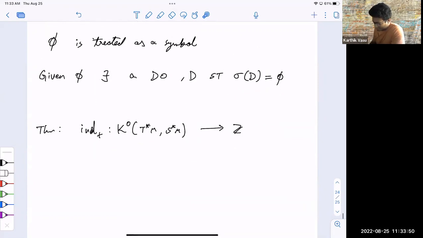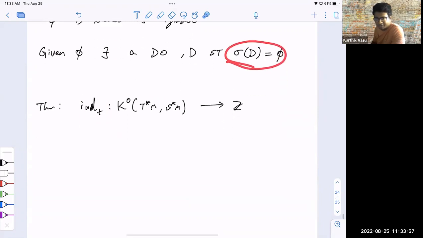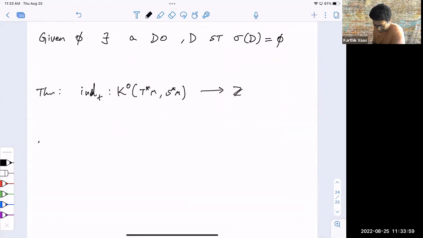But what I wanted to say is these two are closely related, the analytic index and the topological index. As you see, they can be related using this. And the Atiyah-Singer index theorem is nothing but saying the analytic index, whatever I defined, is the same as the topological index.